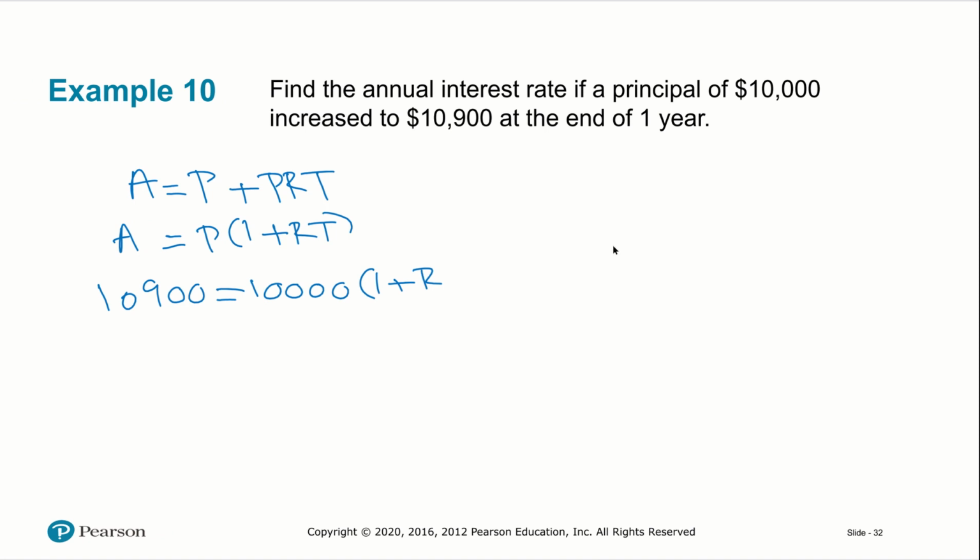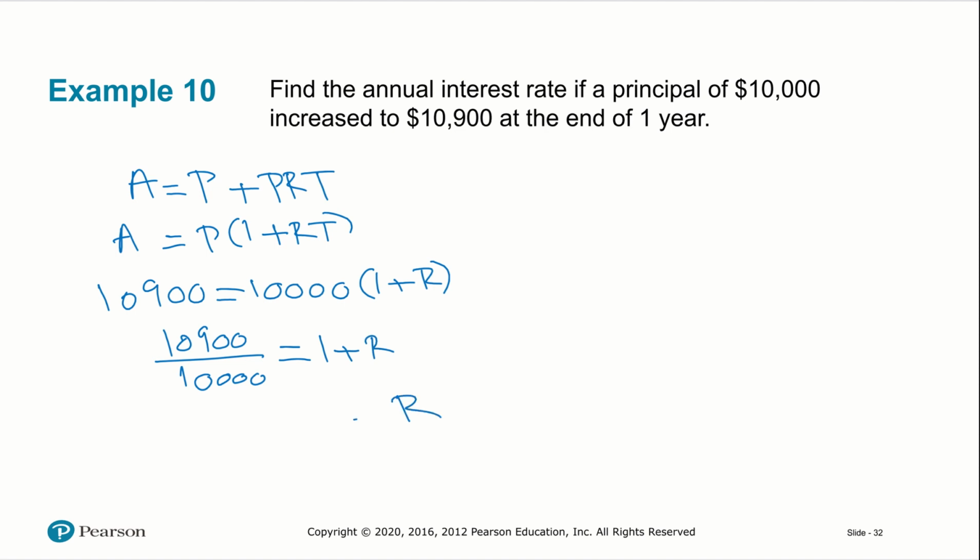So instead of T, we put 1 year, and we just get R times 1, which is R, right? So we don't need to put anything else. Now, notice if I quickly divide both sides by 10,000, I get equal to 1 plus R, right?